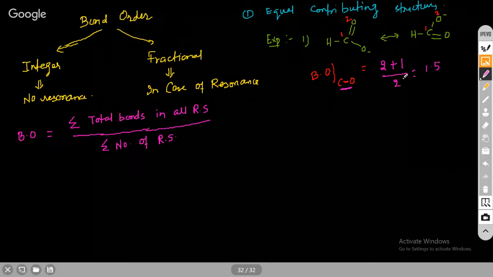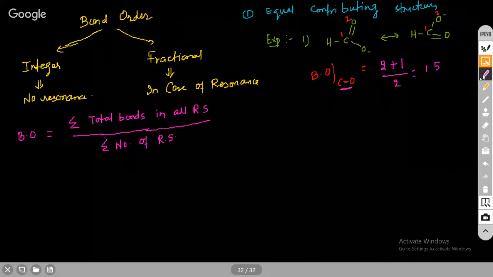The bond order is 1.5. Okay, anyways. So this is the bond order of the carbon and oxygen bond.